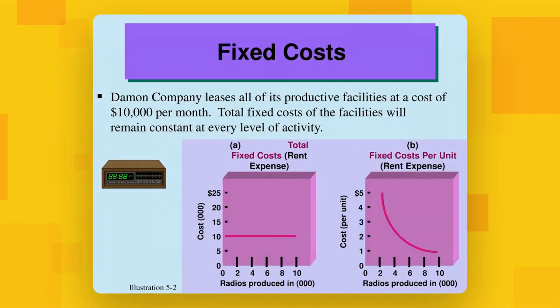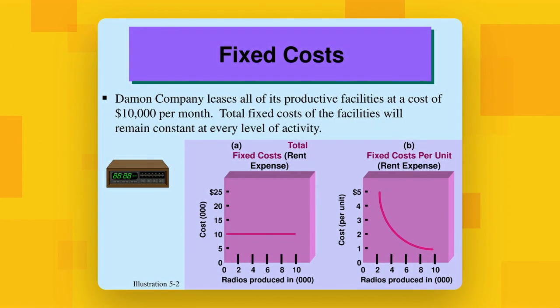Alright, so for example, Damon Corporation, all of its productive facilities had a cost of $10,000. Alright, so you have here $10,000. Total fixed cost will remain constant.